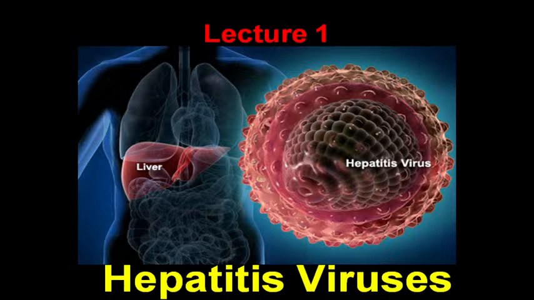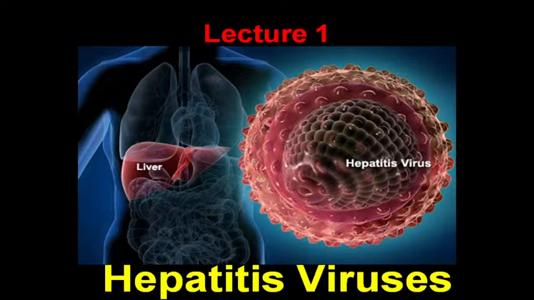They can be passed through food or water through the GIT, because they are non-enveloped viruses and they are very resistant to the stomach acidity, to the liver enzymes, and these intestinal enzymes cannot inactivate them.